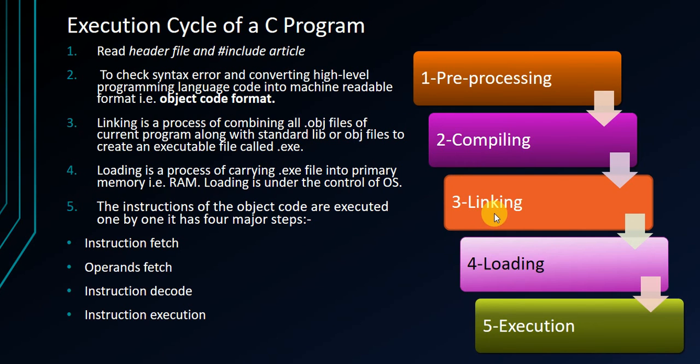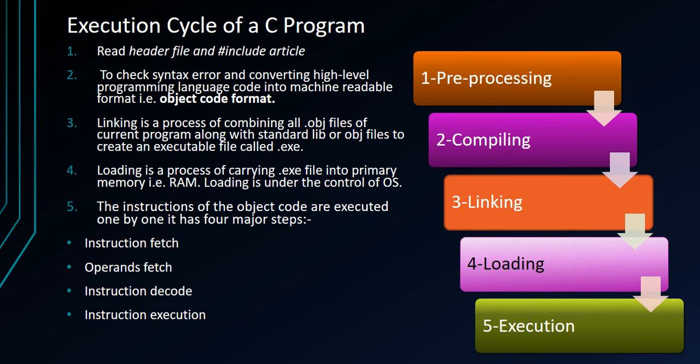The third process is linking. Linking is a process of combining all object files. Actually, when we create a program, it generates several files. Suppose you save your file with the name a, and the extension of the C language is .c.